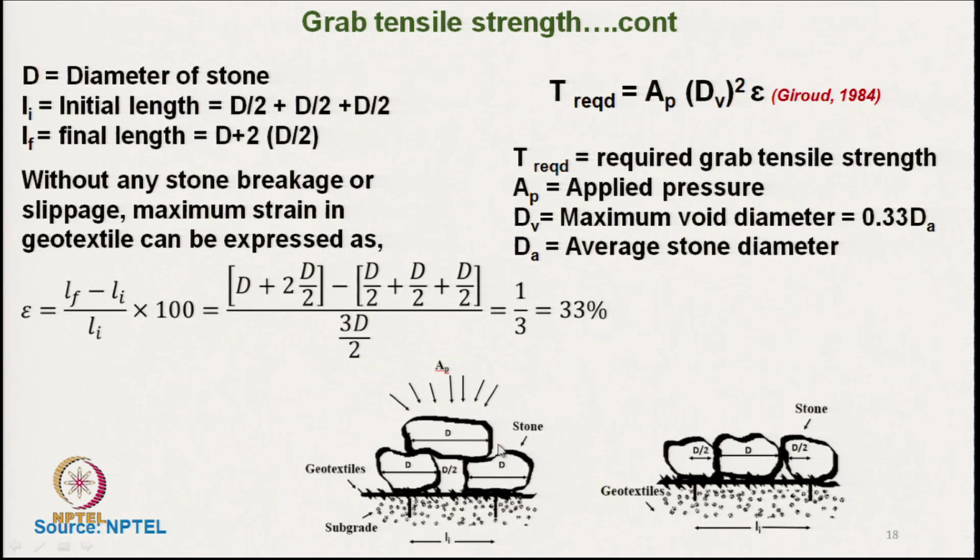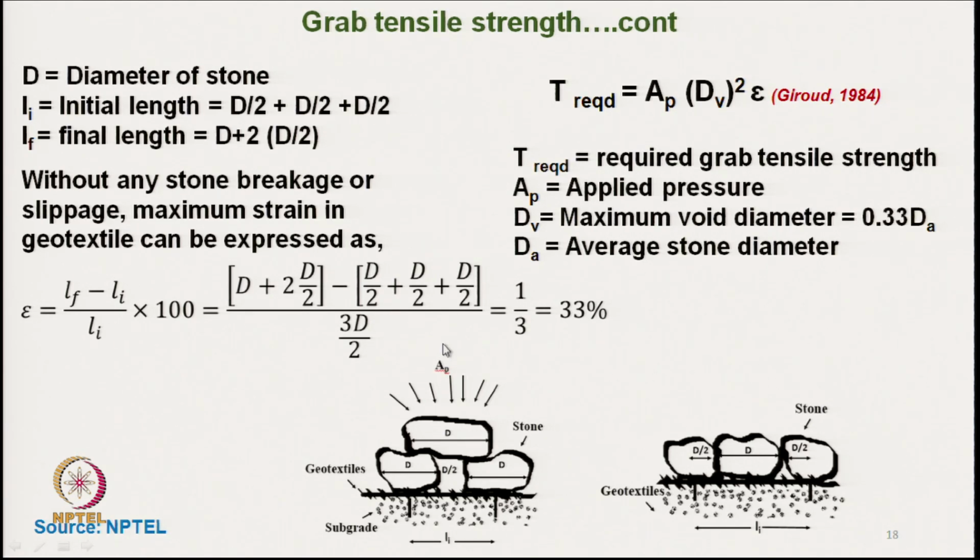So, the total initial length is 3D by 2, and the final length is D, it has come inside, D, and D by 2 and D by 2. So, this is L1 and this one is L2. So, if we take the strain, in this case the strain is 33%, or 1 by 3, 0.33 is the strain, and T required, AP is the applied pressure from the top.